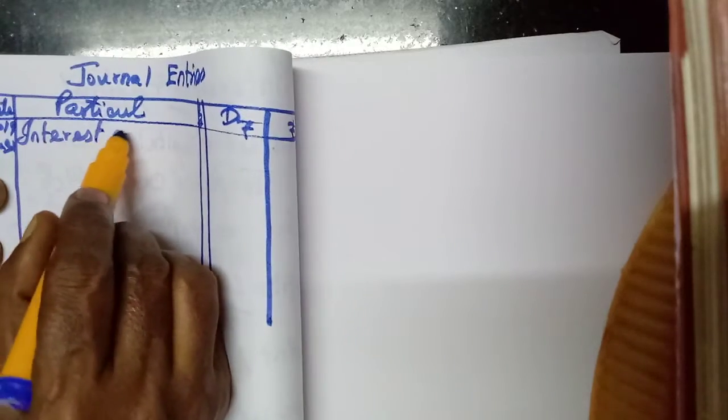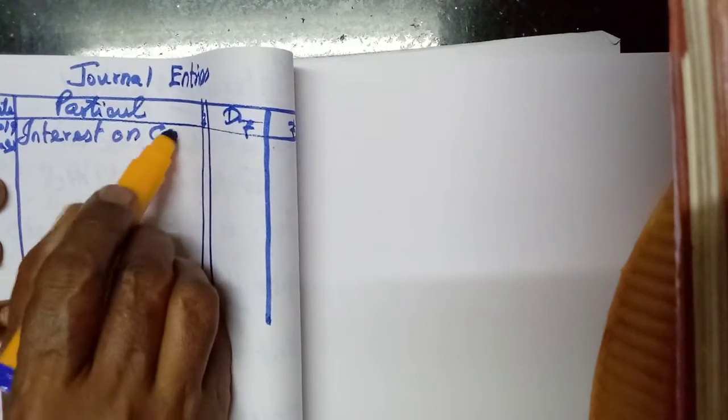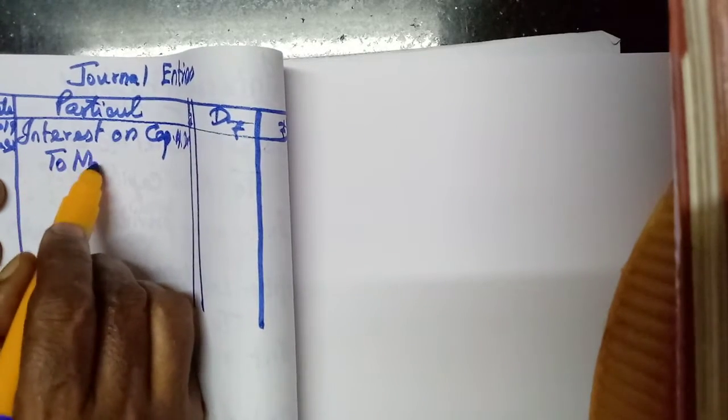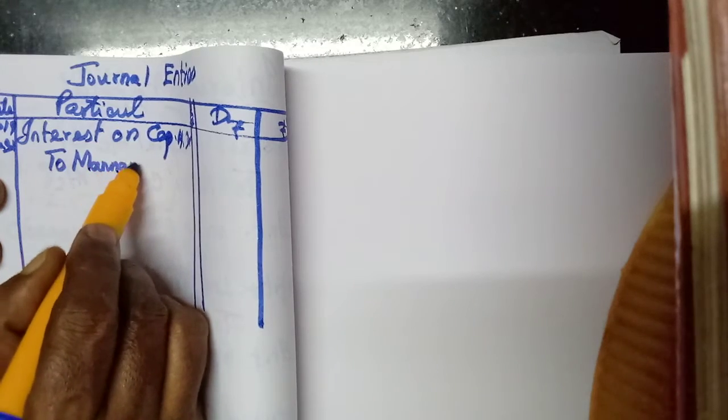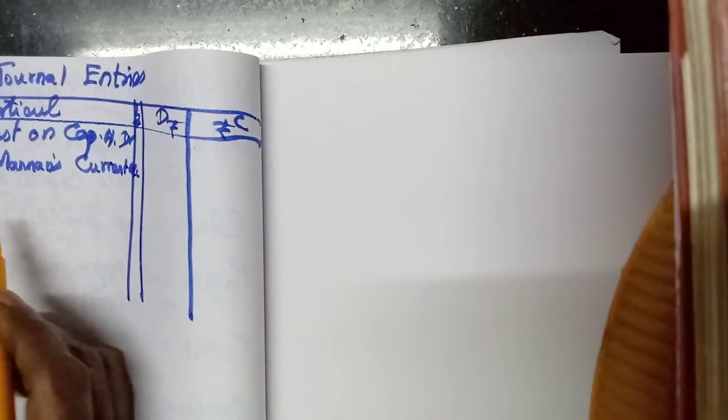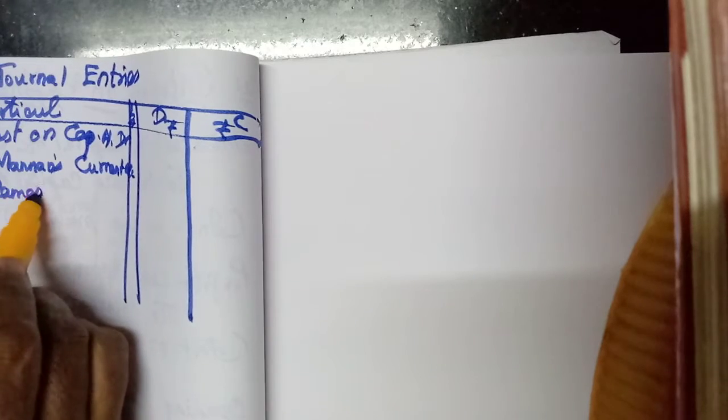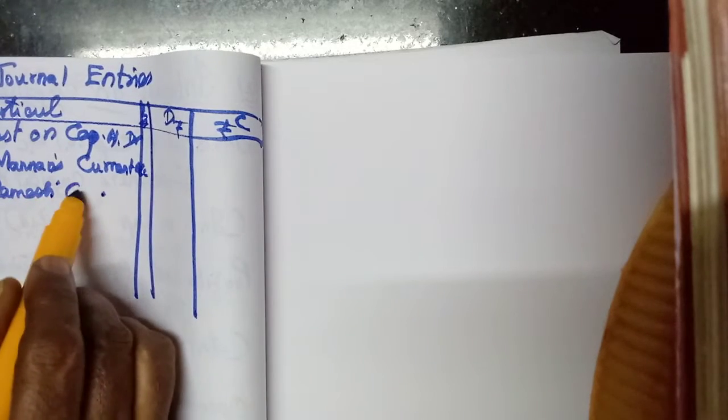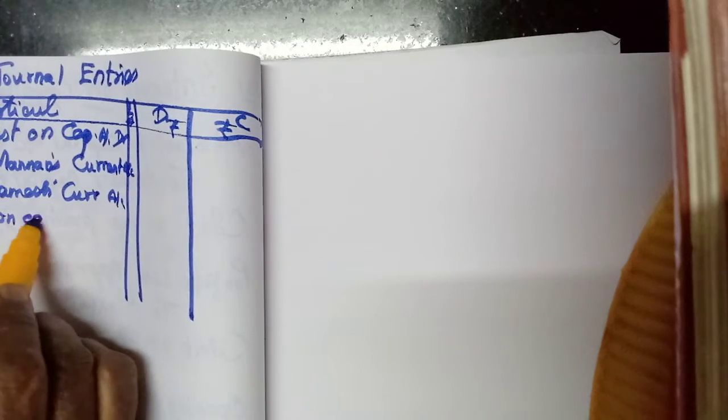Interest on capital account debtor to Manan's current account. Here current account, not capital account. To Ramesh current account. Interest on capital provided.